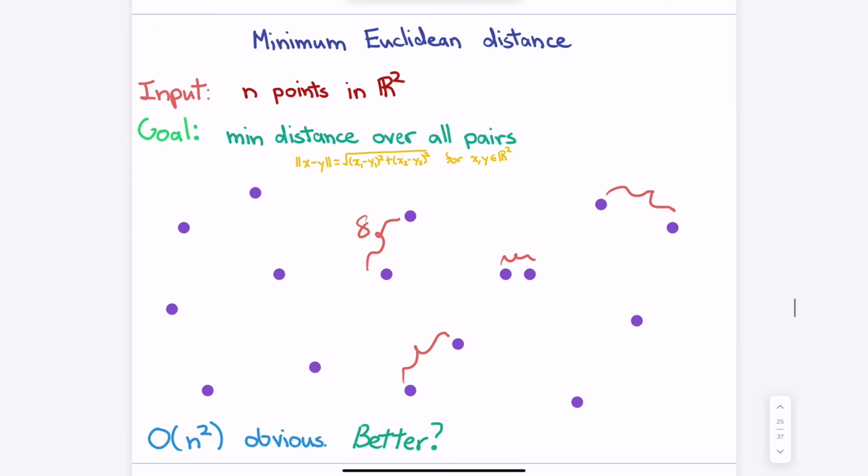If you break it up into thirds, this is a fun idea. So maybe I can just sort by x coordinate and break it up into thirds. I guess you might have to be a little bit careful about y coordinates. But let's at least go through the intuition.